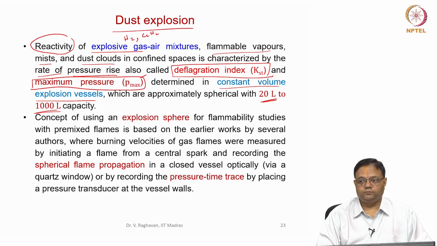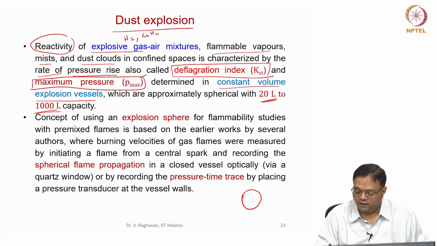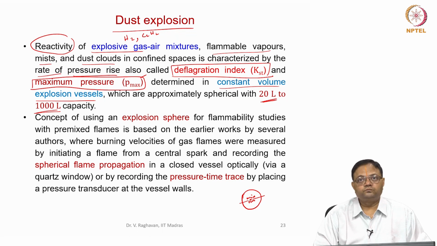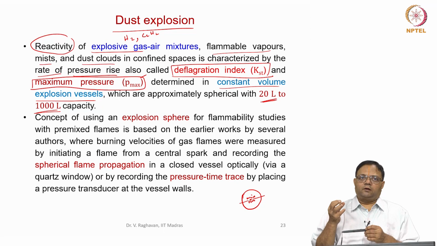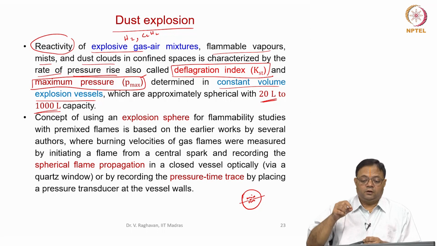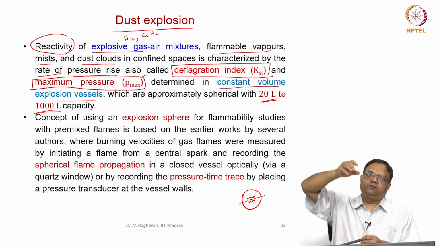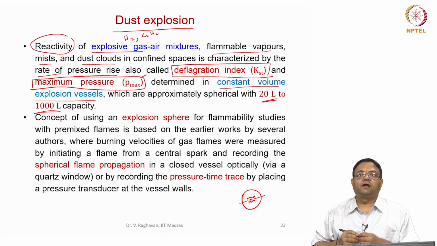So, it is a very simple experiment. Let us take a spherical vessel, the explosive gas air mixture or whatever mixture is injected into it, and I get the ignition done. Then it is homogeneously mixed, so please understand that there will be some time for the pressure to increase, but based upon the reactivity, how rapidly the pressure rises will indicate the reactivity.